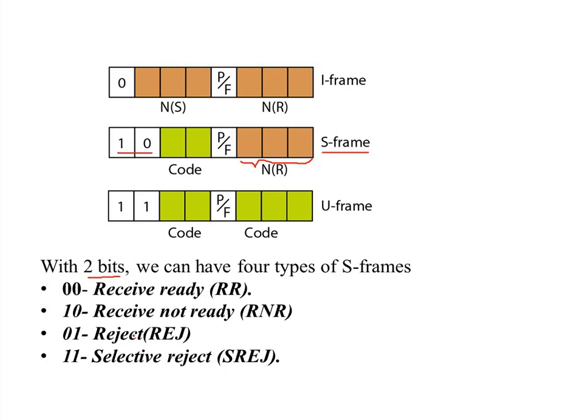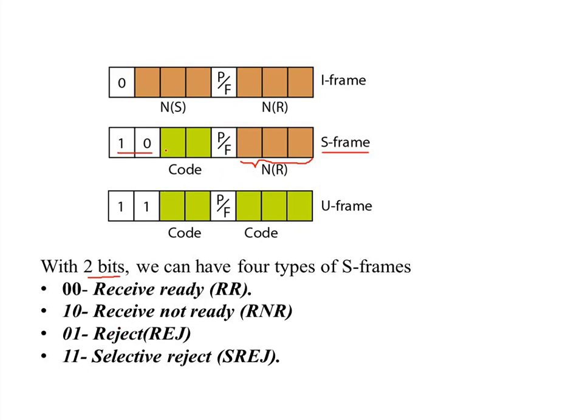When it is 01, it is as good as go back N type, so it will reject, that means the frame has not been received and it is rejected, so you will send it again. It gives you the reject type of information.